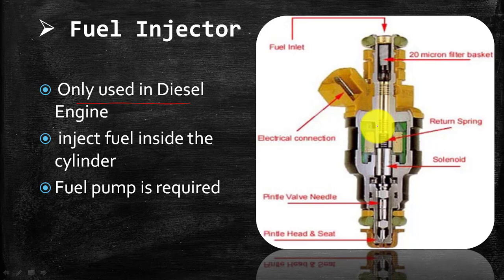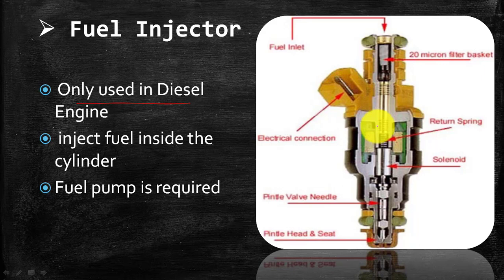For example, if we assume that a particular diesel engine is operated at 16 compression ratio, then at the end of the compression stroke, the pressure inside the cylinder must be 16 times higher than the atmospheric pressure. So this is for the sake of understanding only.